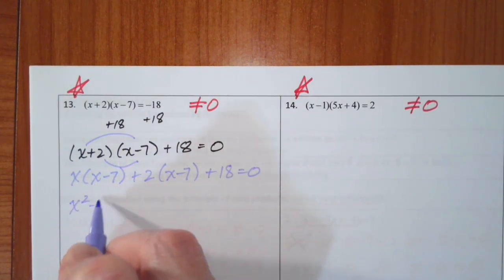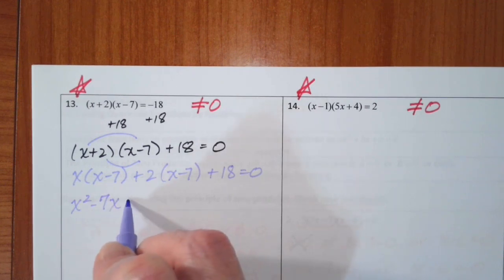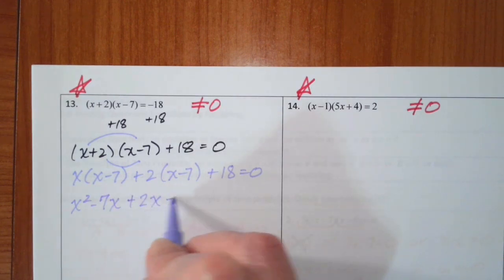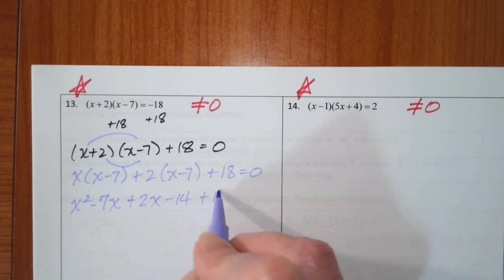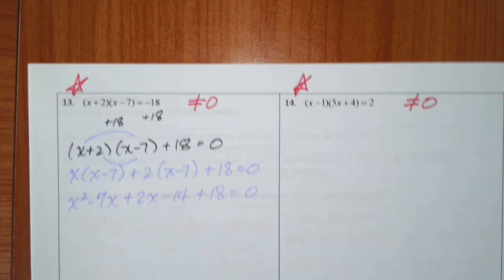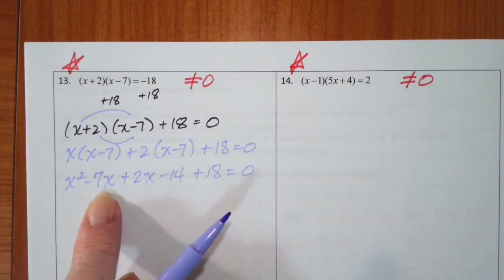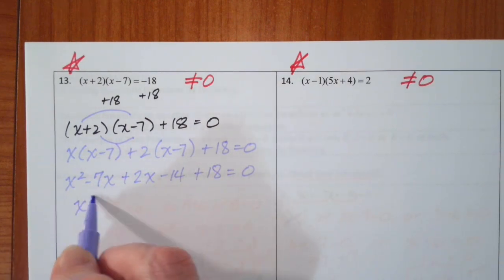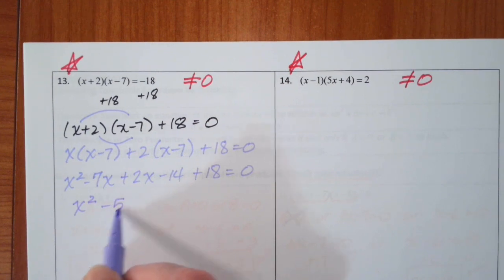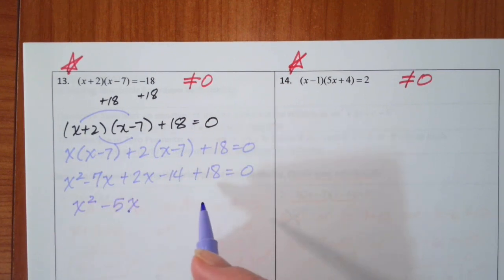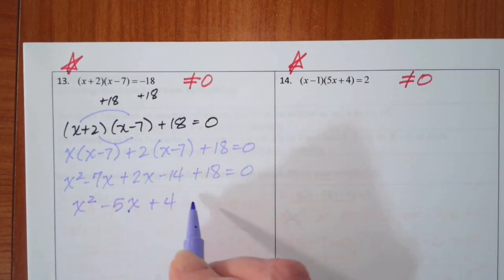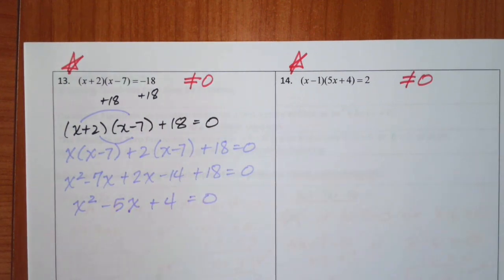So x squared minus 7x plus 2x minus 14 plus 18 equals 0. So that gives me x squared minus 5x plus 4 is equal to 0.